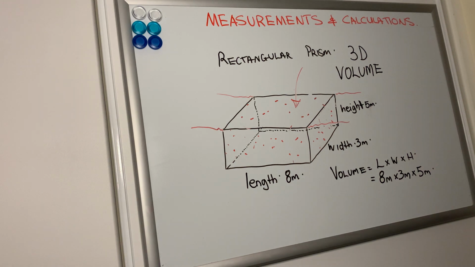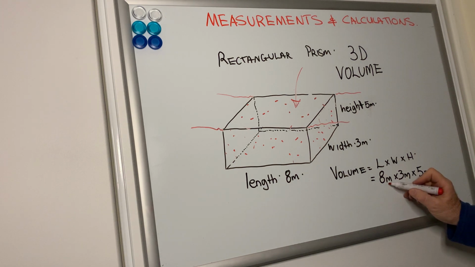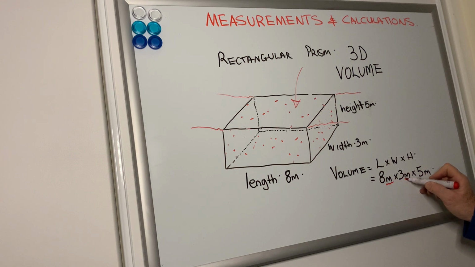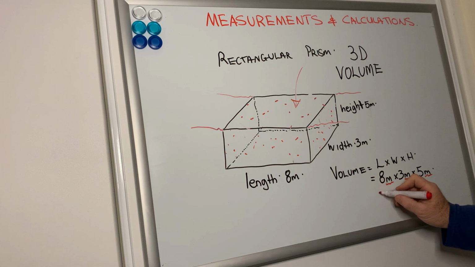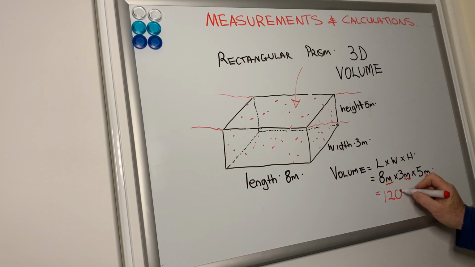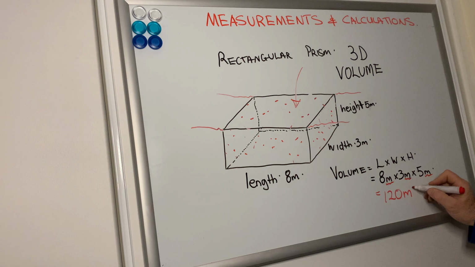Now again, as we said before, it's in meters, meters, and meters. It's most important that they're the same units. So 8 threes are 24, times 5 is 120. So we've got 120 meters cubed.